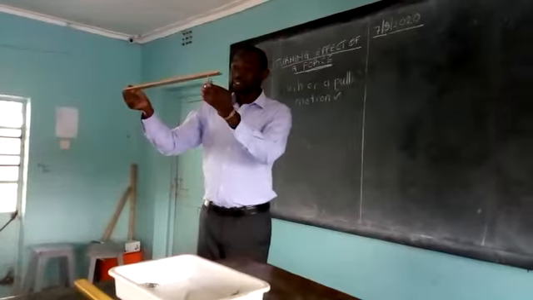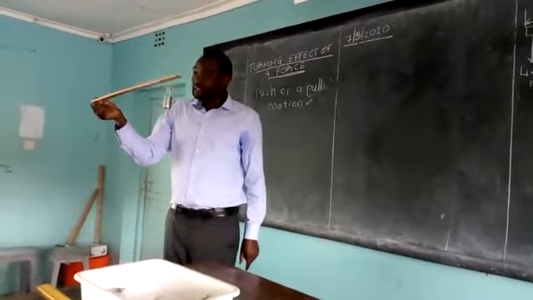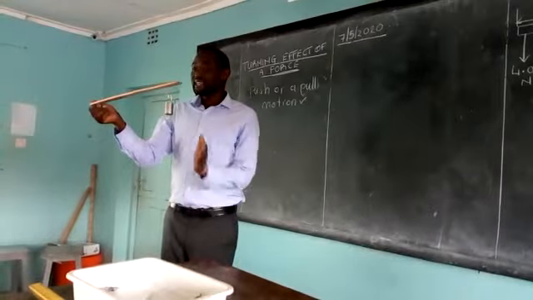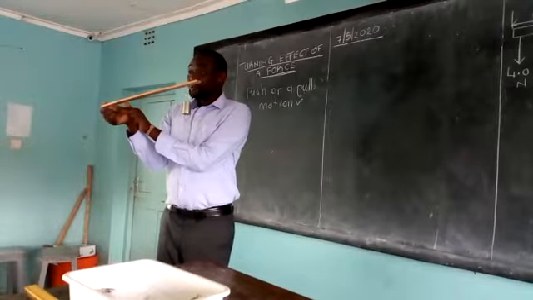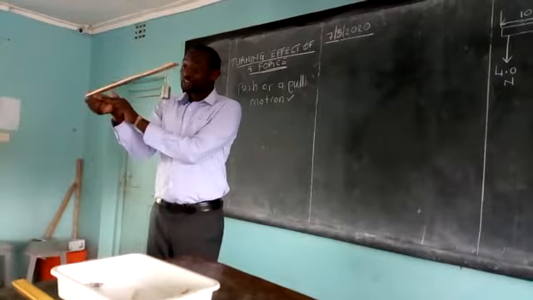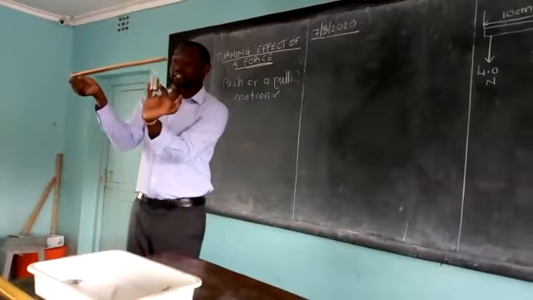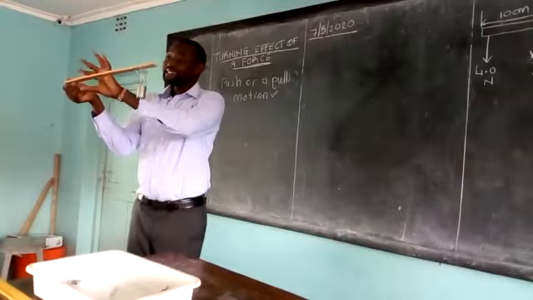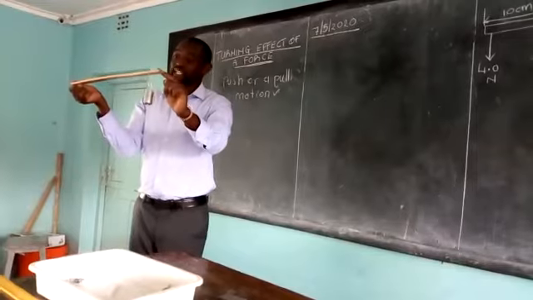But when I place the mass there, I have to use more force to make this meter rule remain in position. There is a certain effect I'm feeling at my fingers. And if I were not to put enough force, then this half-meter rule is going to turn in this direction. So the force brought about by this mass is making this system tend to turn.